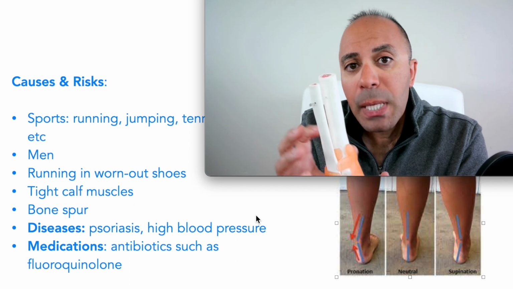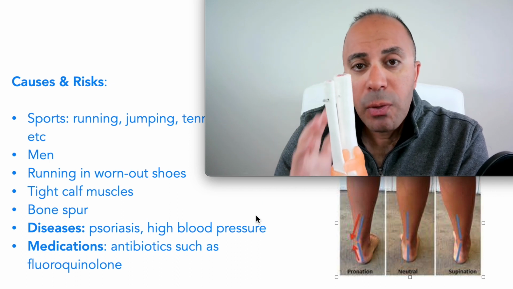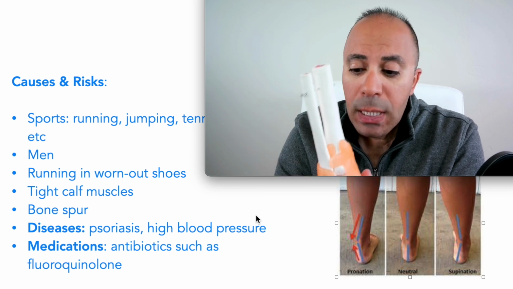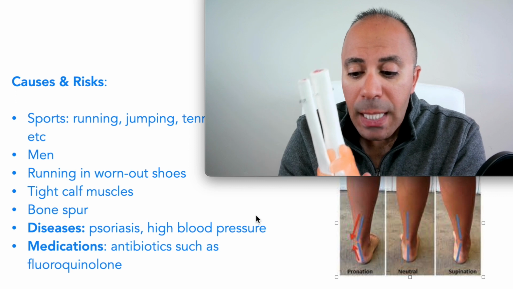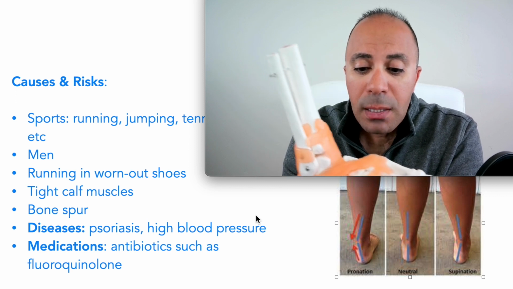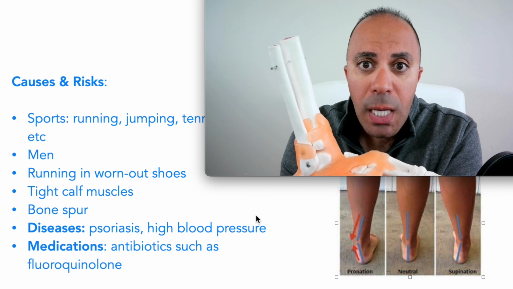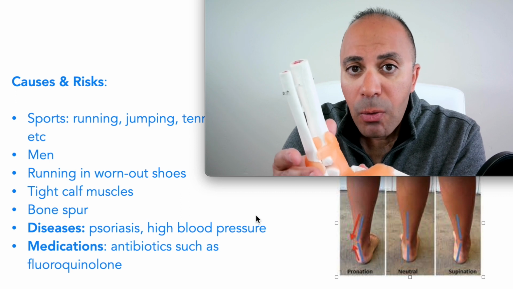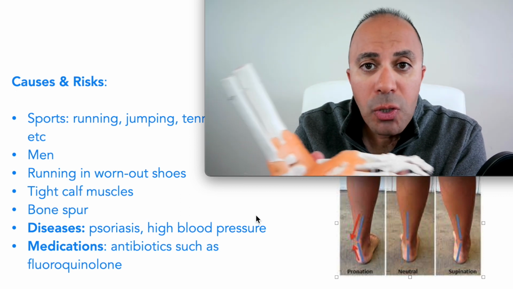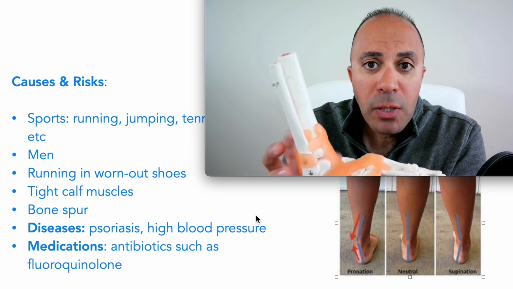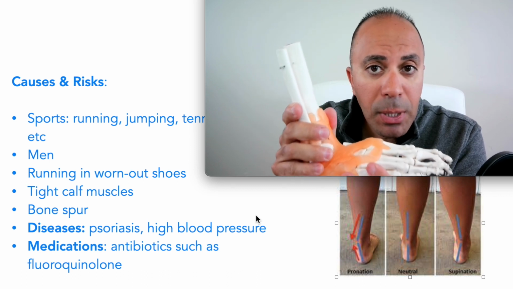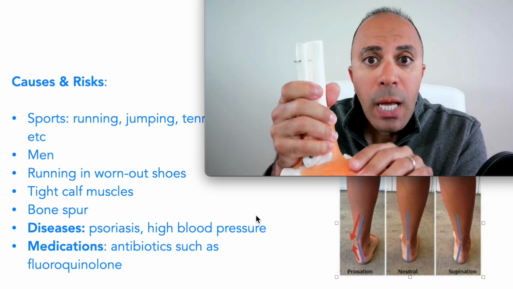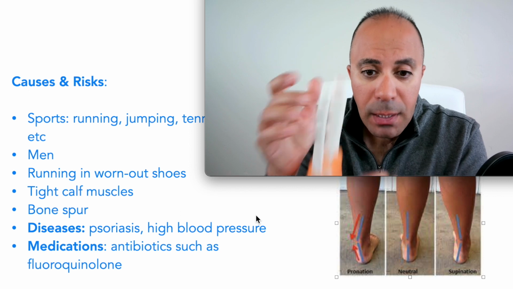That's a very common area of tightness, especially if you wear high heels or bad shoes, and that will strain or cause tension on your Achilles tendon and could cause tension on your plantar fascia and cause plantar fasciitis. So it's very important to address the calf area with any ankle pain, because it's connected all the way to your foot and has a significant effect on the stability of your ankle, and also gives room for your ankle joint to be more flexible.